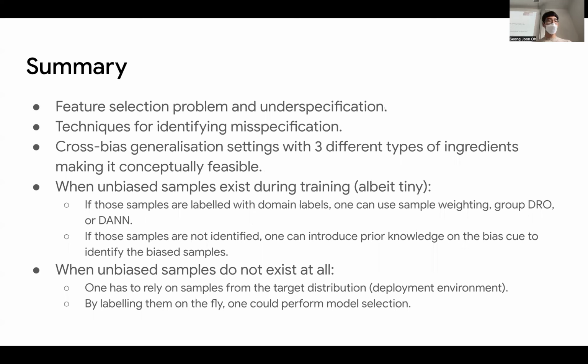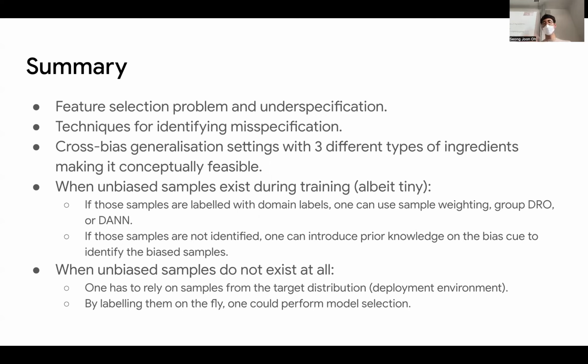All right, so that's the summary of the first part, which is the feature selection problem. And on misspecification, we looked into the question of which features are going to let me generalize to a new distribution. And we talked about different techniques for identifying misspecification. We looked into different ways to make this selection of cues possible. And if there's an unbiased sample during training, and if those samples are labeled, then you can just detect them right away.